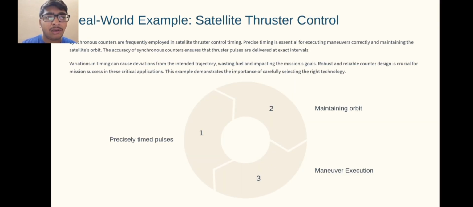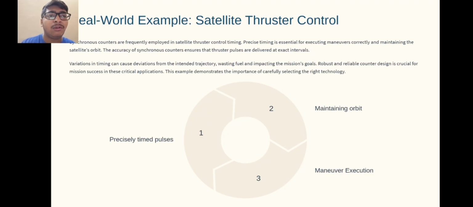Now, a real world example is satellite thruster control. Synchronous counters are frequently employed in satellite thruster control timing. Precise timing is essential for executing maneuvers correctly and maintaining the satellite's orbit. The accuracy of synchronous counters ensures that thruster pulses are delivered at exact intervals.